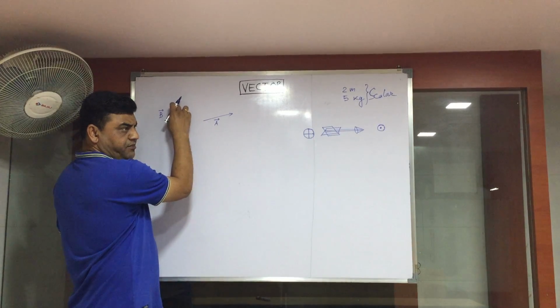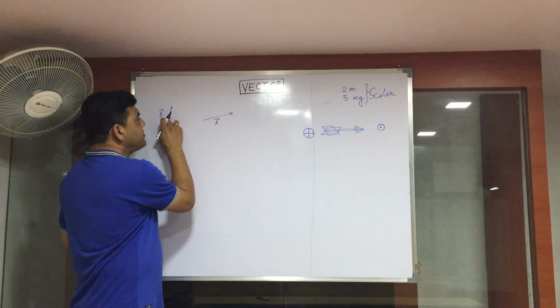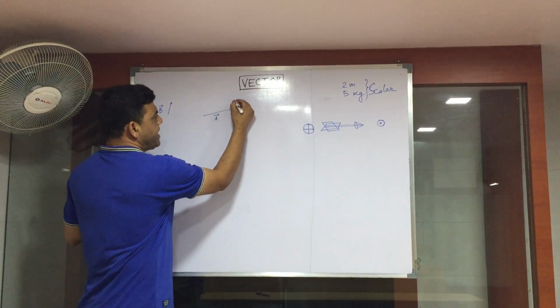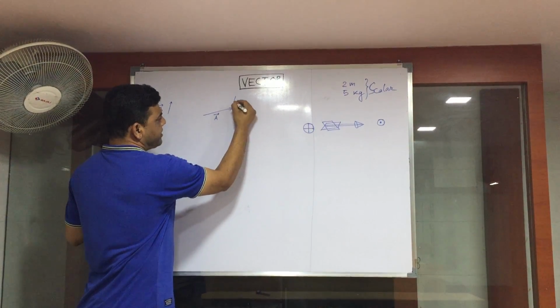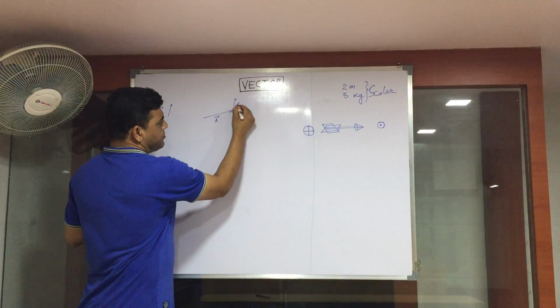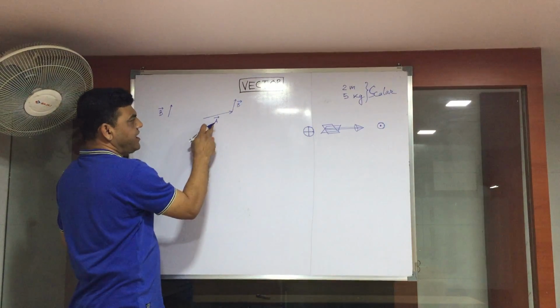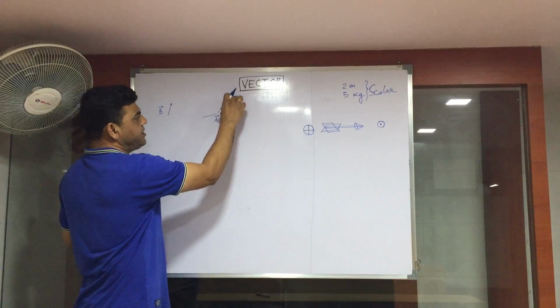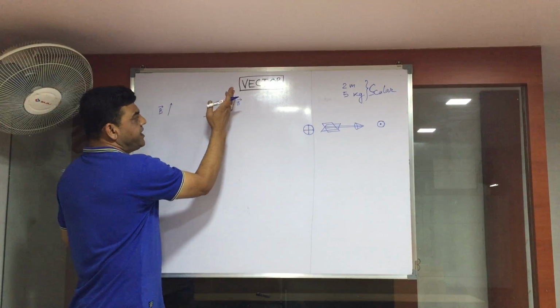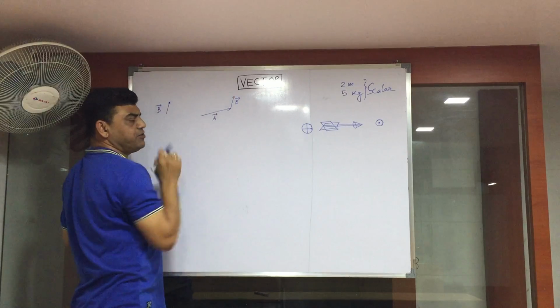I take this vector B, and the tail of vector B is matched with the head of vector A. So you are seeing that I have shifted this vector B as it is, maintaining its direction and magnitude.